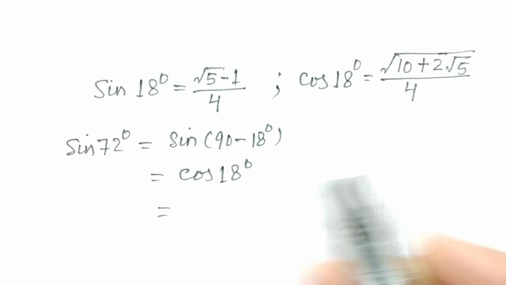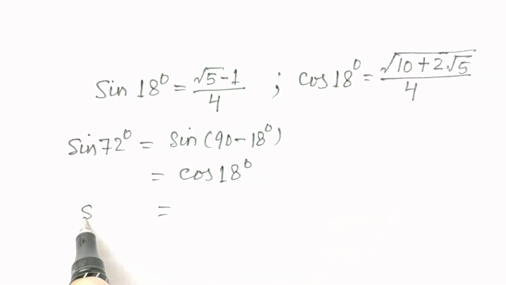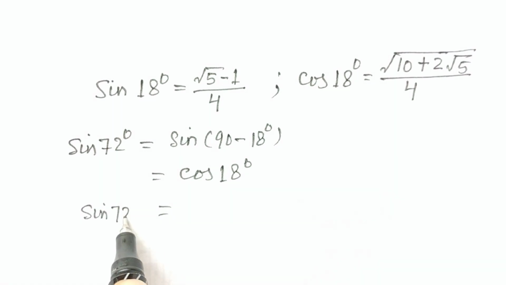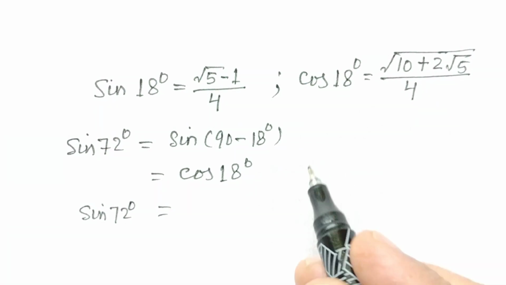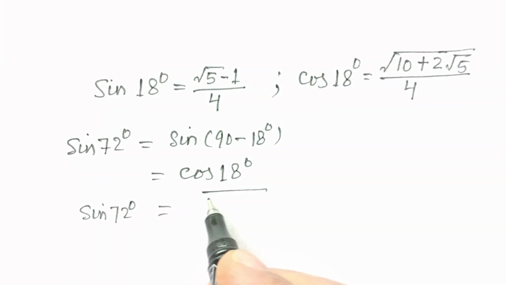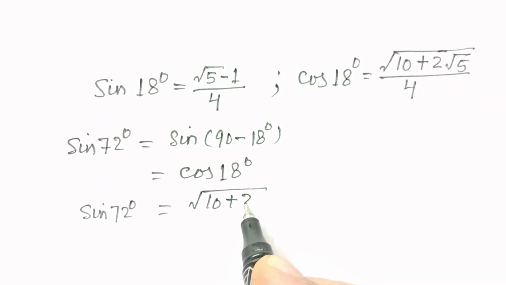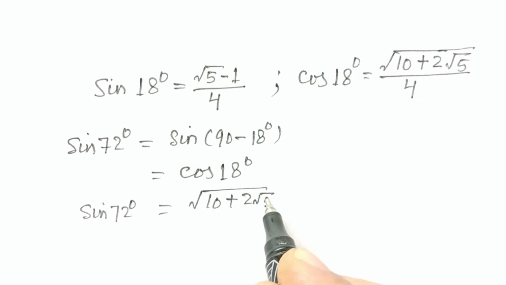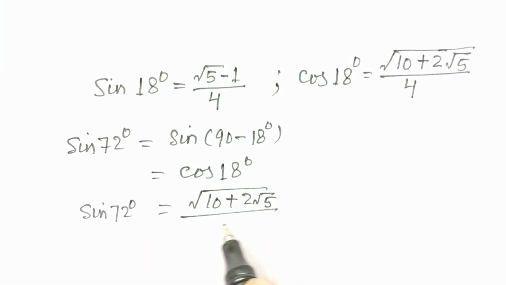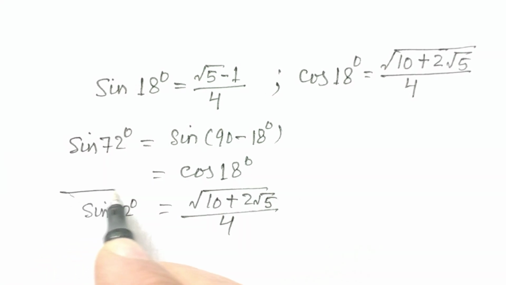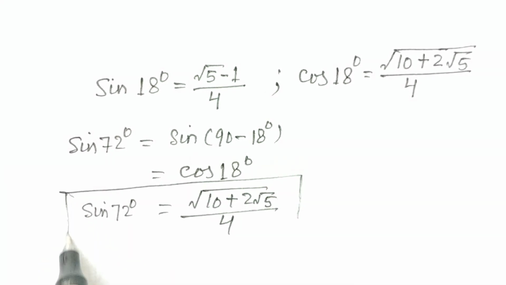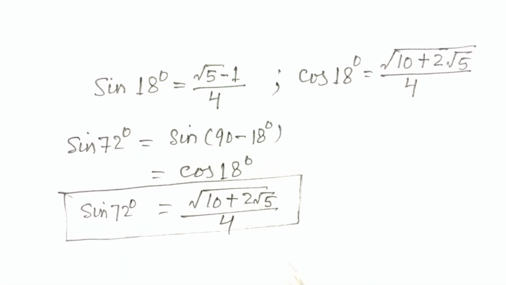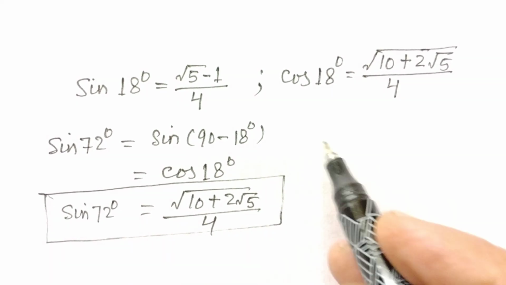But cos 18 is this, so sin 72 degree will be equal to square root of 10 plus 2 square root of 5 over 4. So sin 72 is this.